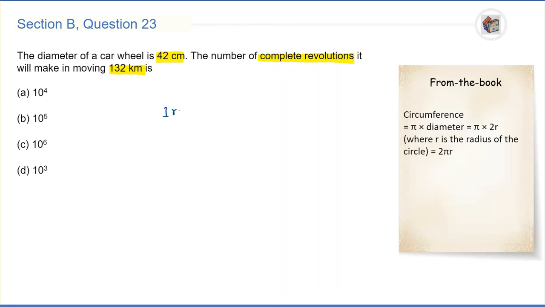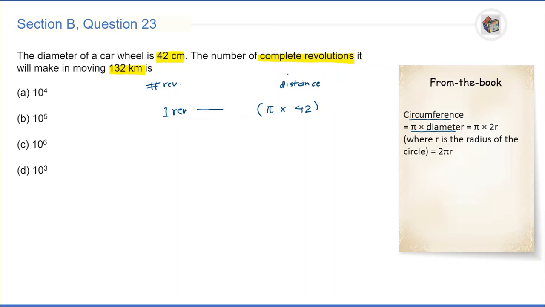In one revolution, the car moves a distance equal to its circumference. Circumference now of a circle is equal to pi d or 2 pi r. Now since I have diameter here, this is what I'm going to use. So in one revolution, the distance traveled is pi times 42. So let me write down here that this is the distance traveled and this is my number of revolutions.